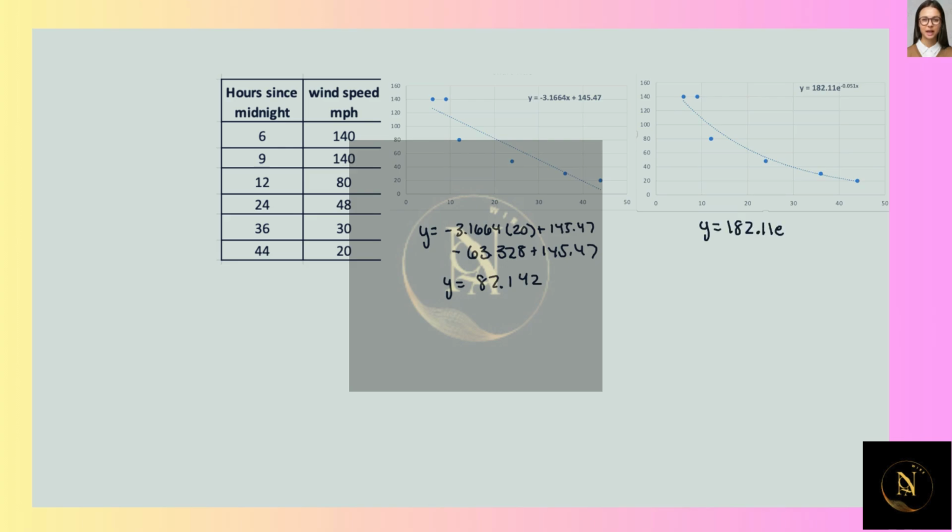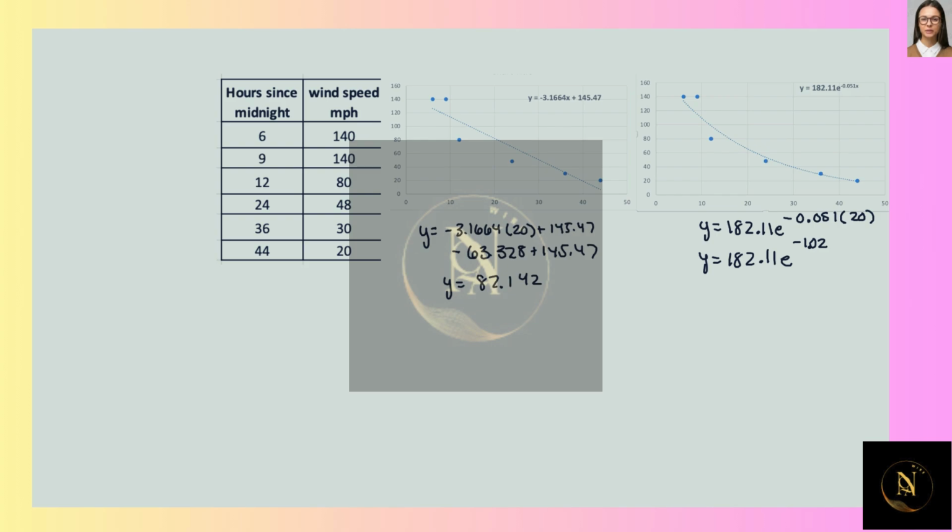182.11 e to the negative 0.051 times 20. So negative 0.051 times 20 is negative 1.02, so y equals 182.11 e to the negative 1.02.